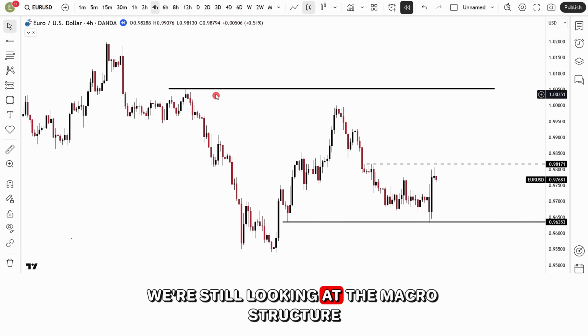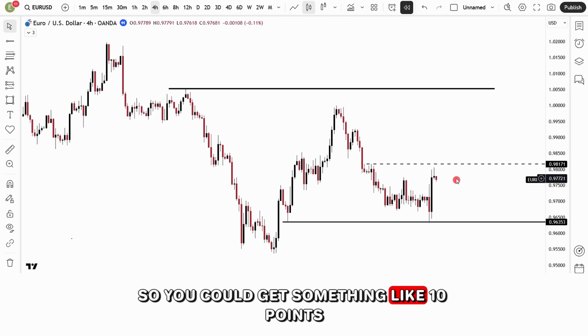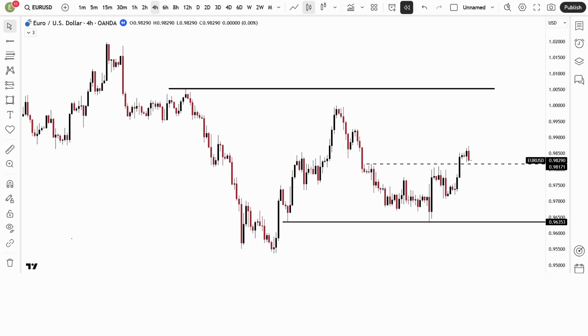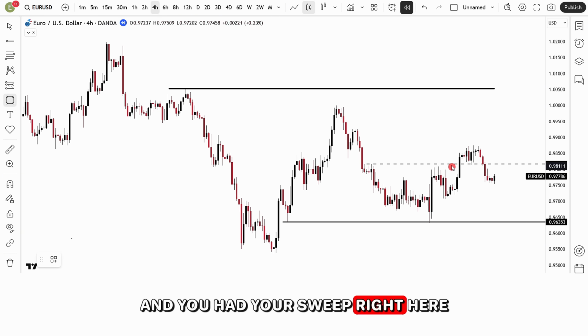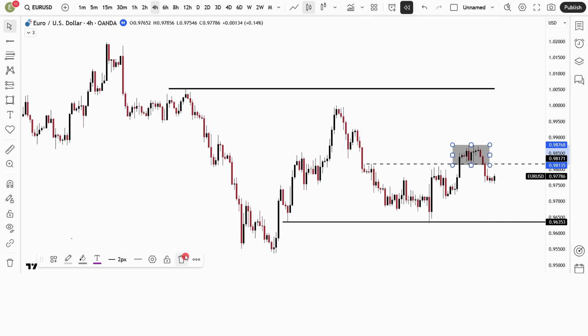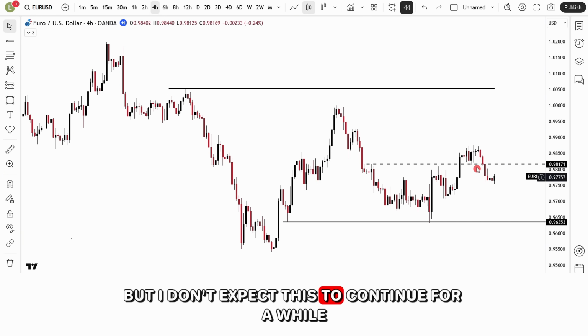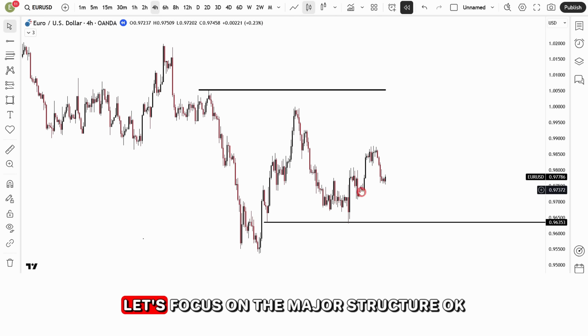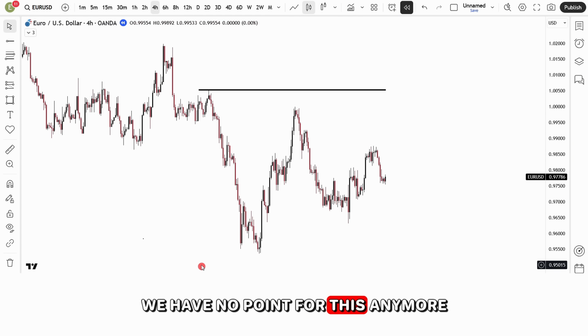We're still looking at the macro structure. So you could get something like 10 points out of a move like this. And you had your sweep right here. But I don't expect this to continue for a while. So to not confuse you guys, let's focus on the major structure. Okay, we have no point for this anymore.